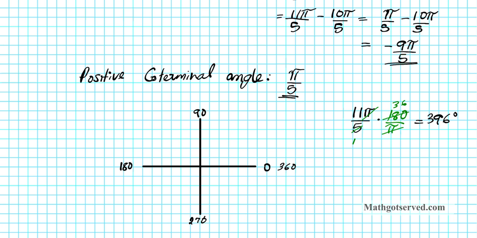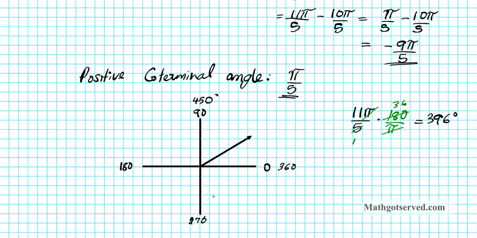So it's easy to estimate where this is located. This is 360 and this is 450 degrees, so we know that it's in quadrant number 1. So let's put 396 somewhere here. It's like 30 degrees from 360, so somewhere here.